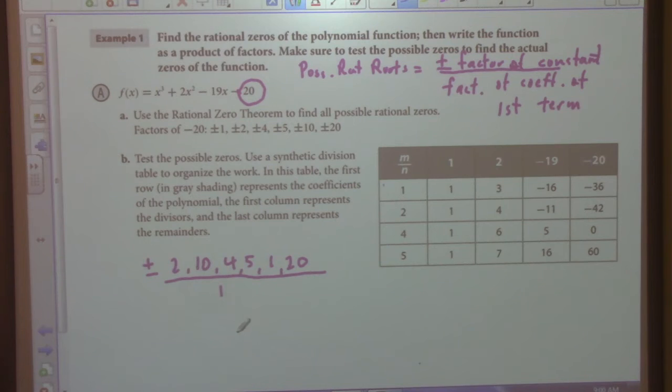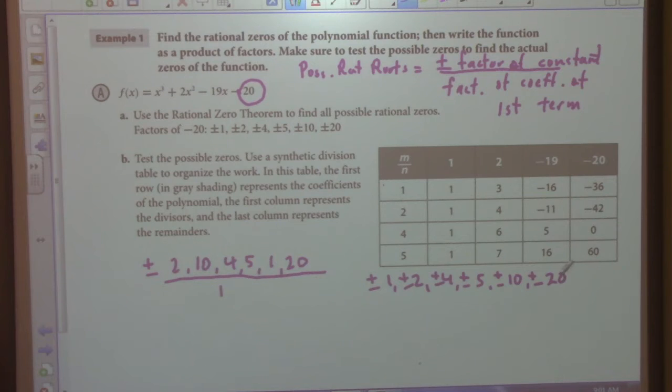Since these are all over 1, we know that our possible rational zeros, potential rational zeros, are going to be plus or minus, you can put them right in order like they did here, plus or minus 1, plus or minus 2, plus or minus 4, plus or minus 5, plus or minus 10, and finally plus or minus 20.